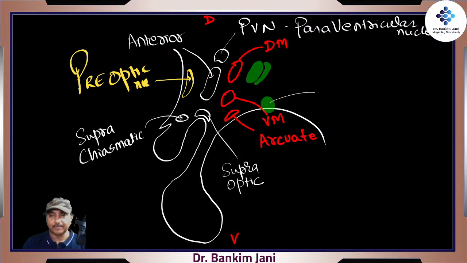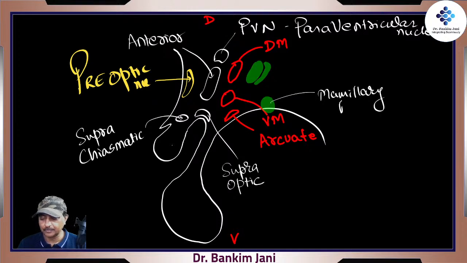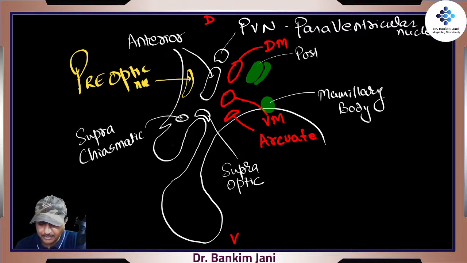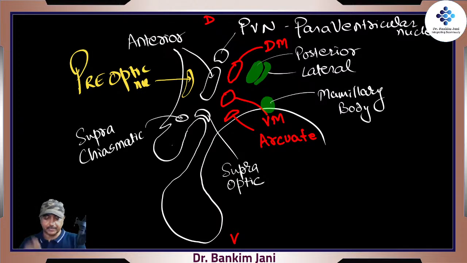This is easy: the mammillary body. And two above: one is posterior and one is lateral. This one is posterior and one is lateral. So these all are our nuclei.